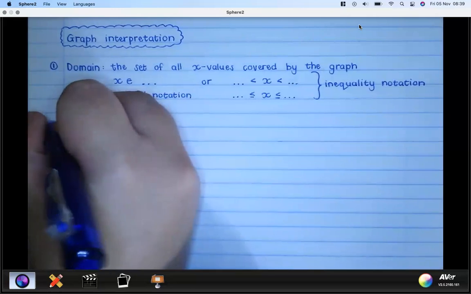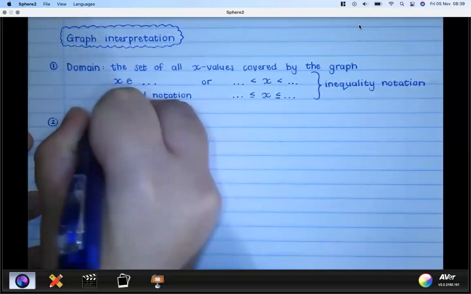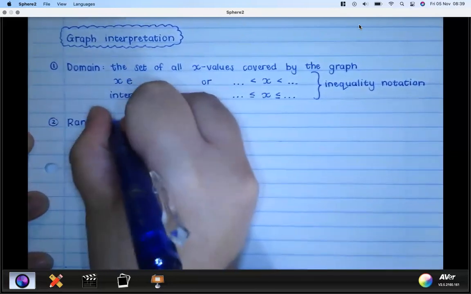Okay, so that's the domain. The second one is the range. And the range is just the set of all y values covered by the graph.